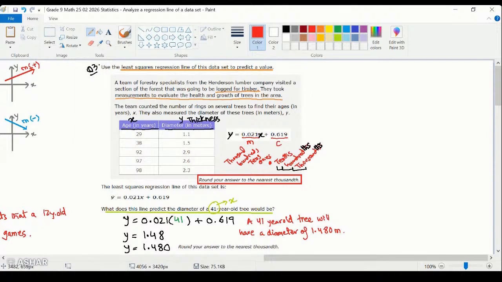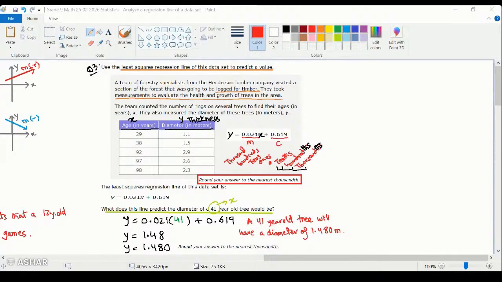Agreed? So we need to do the prediction from this given line, where the slope, that is the gradient, and the intercept have already been provided to us. Any questions till now? Okay. If there are no questions, we'll move on to the next question.